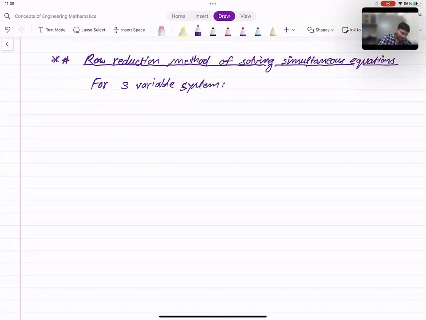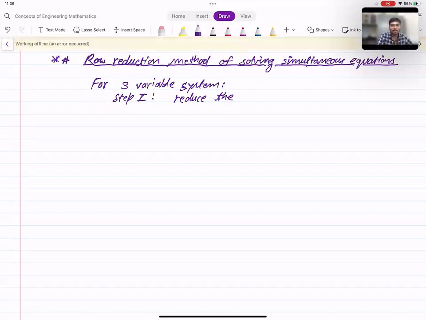So here step 1 is to reduce the coefficient of x in row number 2 and row number 3. And reduction means to make them 0. Okay. So we need to make the coefficients of x in the row number 2 and row number 3 equal to 0 when we have kept the variable matrix as x, y, and z.